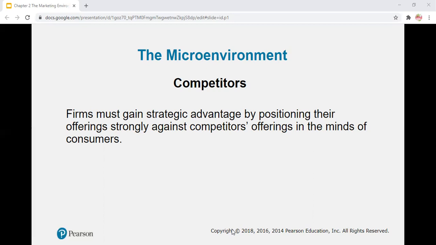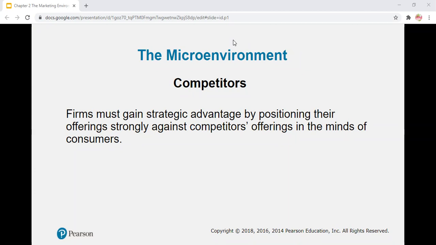Marketers must gain strategic advantage by positioning their offerings strongly against competitors' offerings in the minds of consumers. So in the mind of the consumer, we have a position. You may ask yourself about a specific product. When you say, for example, Apple products, you say that this is a luxury and fancy product. This position in your mind is made by a specific marketing strategy.